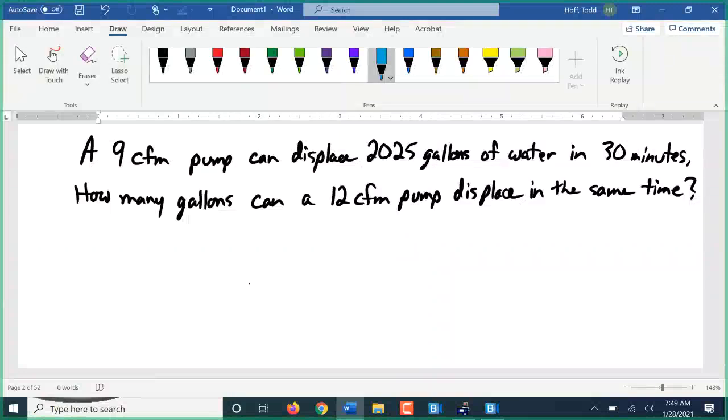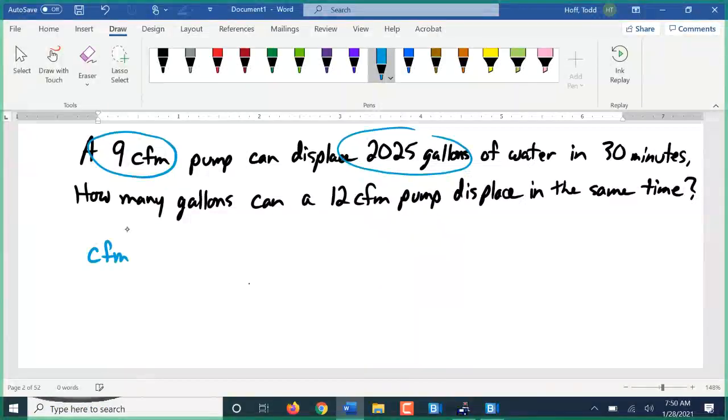So here, we need to look at the relationship. We have the rating of the pump, the CFM. The CFM stands for cubic feet per minute. And the amount of water that's displaced or pumped in 30 minutes. So we need to decide, if the rating of the pump goes up, does the amount of the water displaced go up or down?